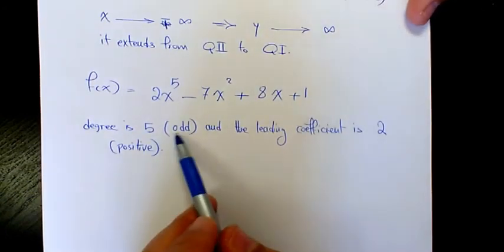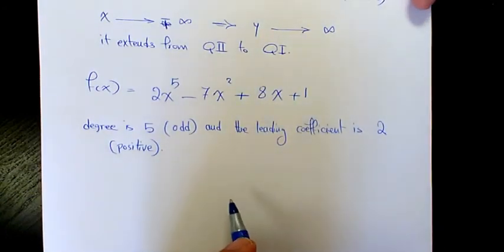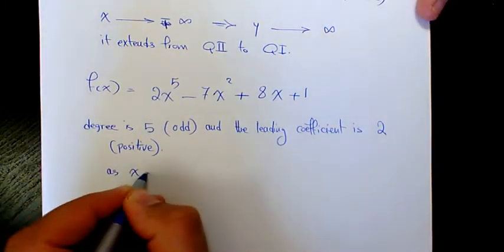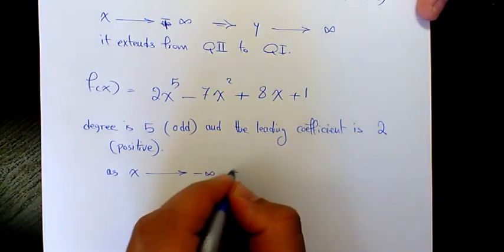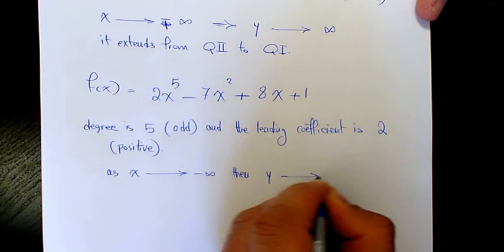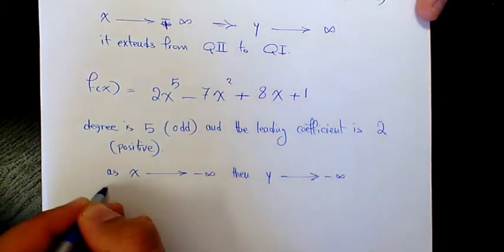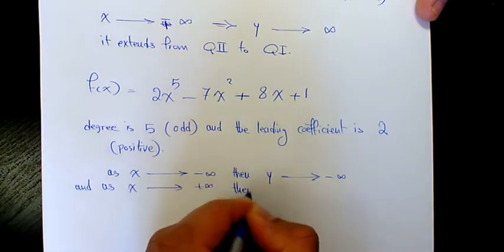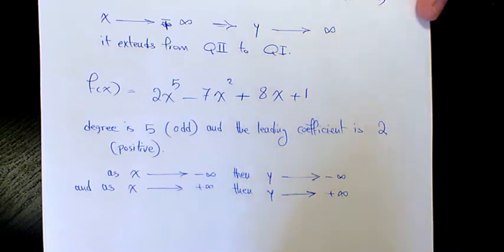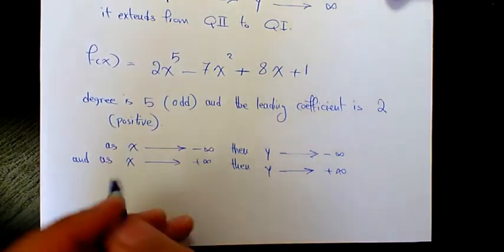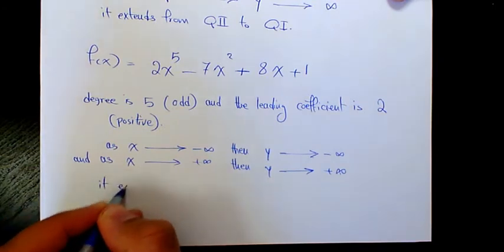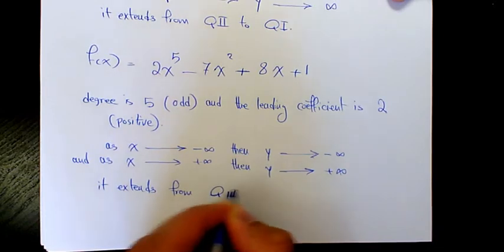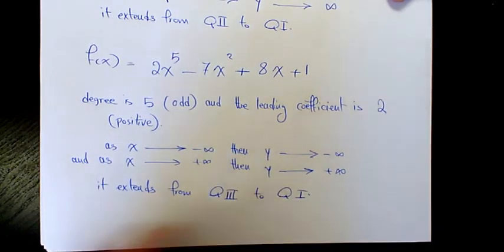So it is odd and positive, so it is going to extend from quadrant 3 to quadrant 1. As x approaches negative infinity, y approaches negative infinity, and as x approaches positive infinity, y approaches positive infinity. So it extends from quadrant 3 to quadrant 1.